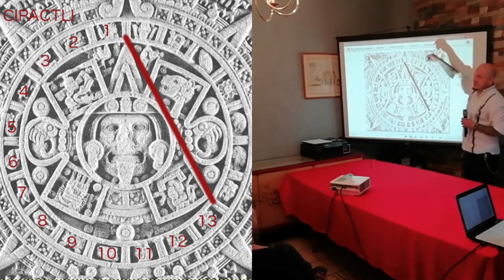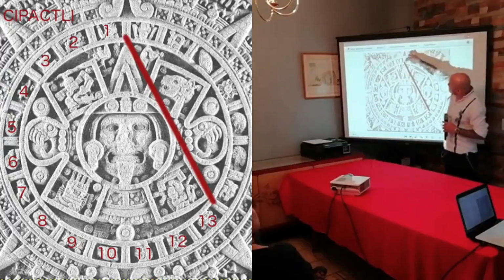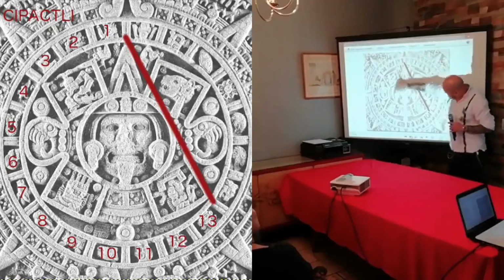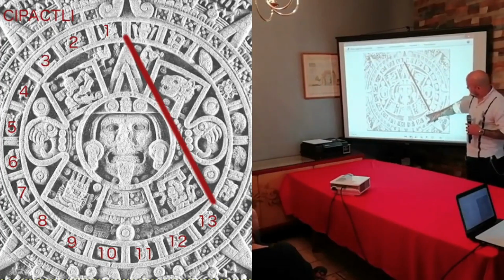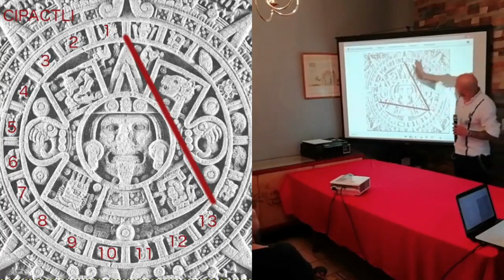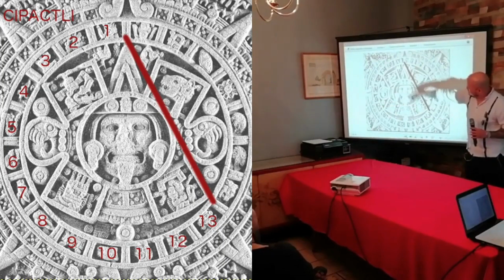And I use Quintilio's technique of joining the trecenas. The first trecena is Cipactli, and it ends here at symbol 13 Acatl. And the next trecena is Ocelotl. What we're doing is dividing a trecena. Here we're going to have these 13 numbers.